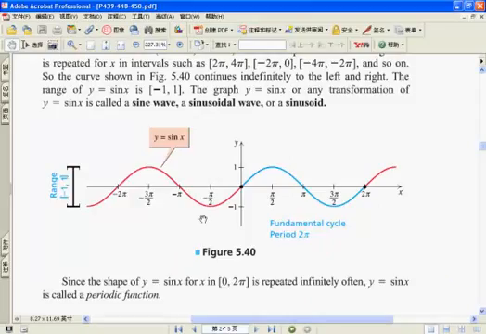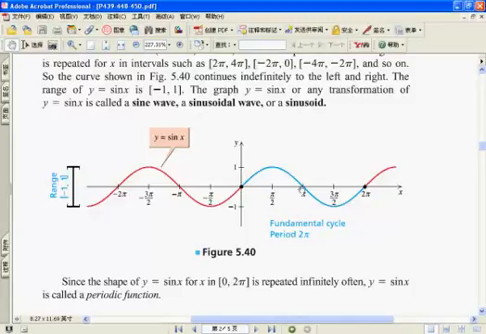So now we just draw the fundamental cycle of sine x from 0 to 2 pi, and since sine of x is equal to sine of x plus 2k pi, the graph of sine x just repeats itself infinitely many times for every interval of length 2 pi. You see here from negative 2 pi to 0, you have the same shape, and from 2 pi to 4 pi, you also have the same shape.